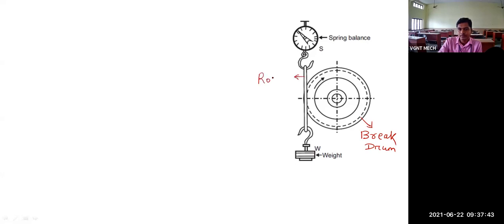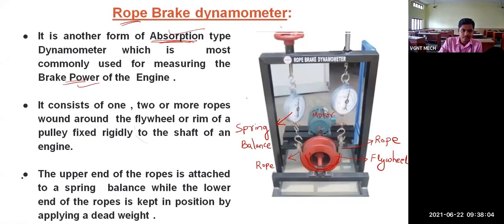One end of the rope is connected with the spring balance, and the other end of this rope is connected with a dead weight. This is the upper end, connected with the spring balance, and the lower end is connected with the dead weight. That's what I have written over here in the last point.